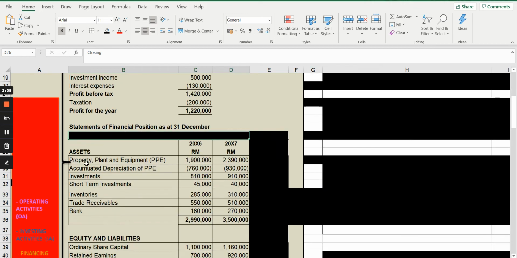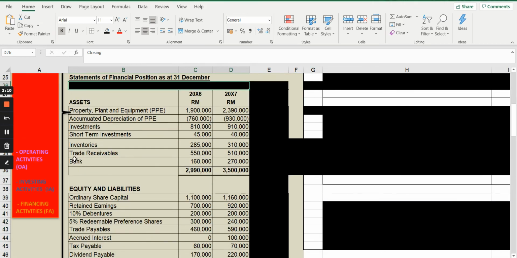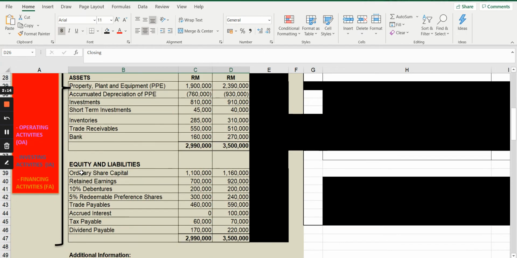So you're given the assets, liabilities, and all the details there. You also have the equities and the liabilities as well. But there is no segregation between non-current and current liabilities. This is just a summarized statement of financial position or a balance sheet, and so does the asset section.